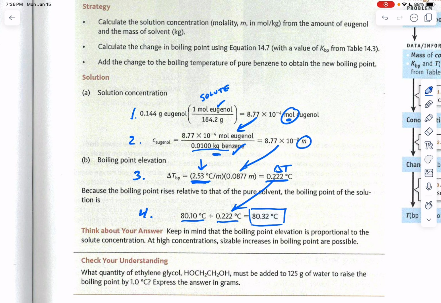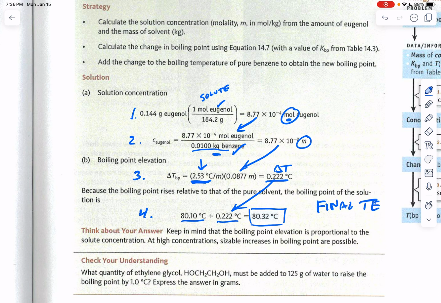Well, some problem might have you dissolving something in eugenol, in which case you'd want the constant for eugenol. But in this case, benzene is the solvent, and we want to make sure that we get the constant for the solvent benzene.